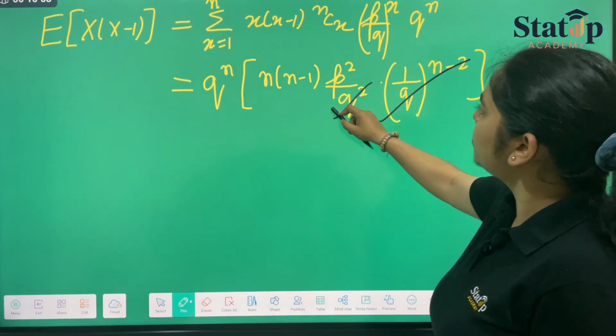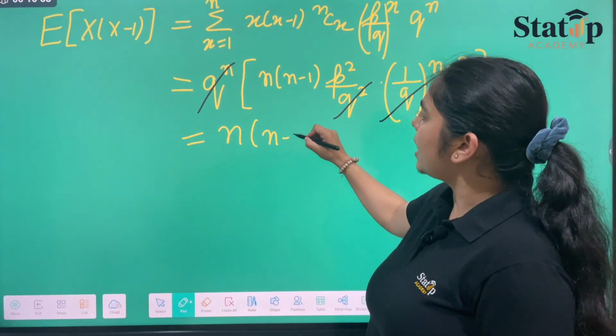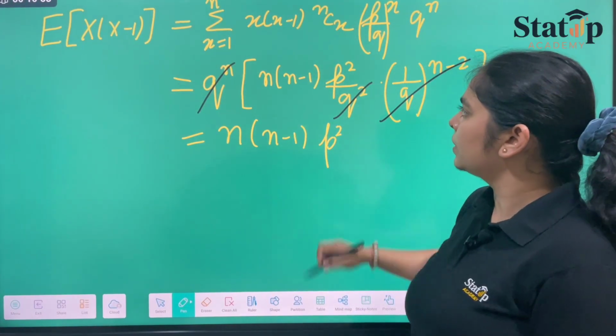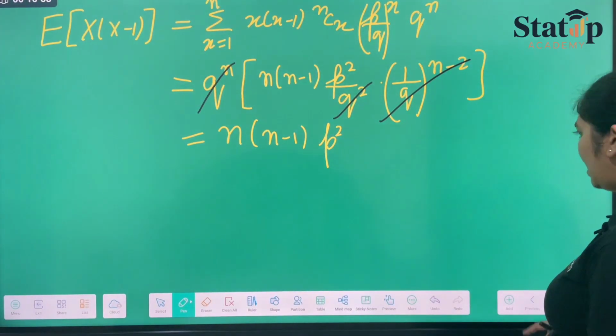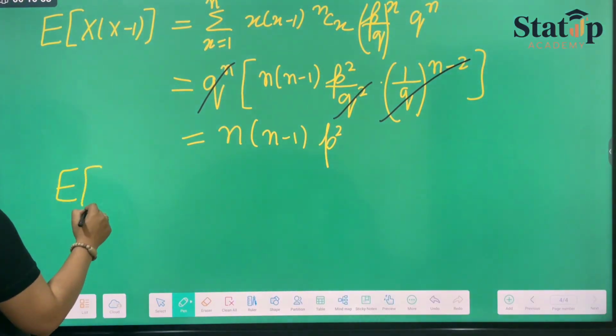So this q term and this will get cancelled, and the final answer will be n into n minus 1, p square.